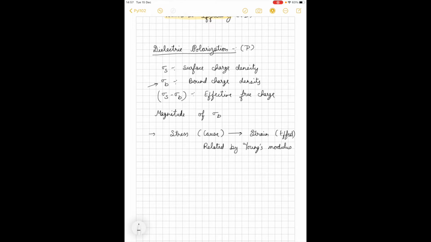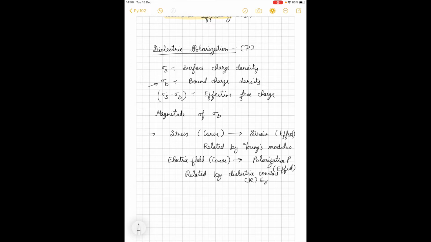The electric field is the cause, and the polarization P is the effect, and they are related by the dielectric constant, which we are denoting as K or epsilon r.